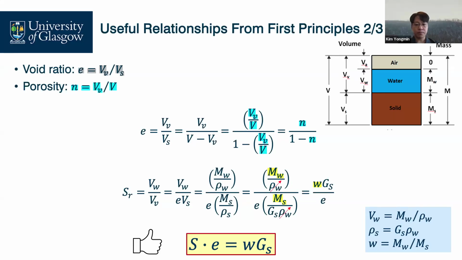Quite simple. And then we also have degree of saturation, which can be expressed by volume of water divided by volume of void, the amount of water in the soil void.